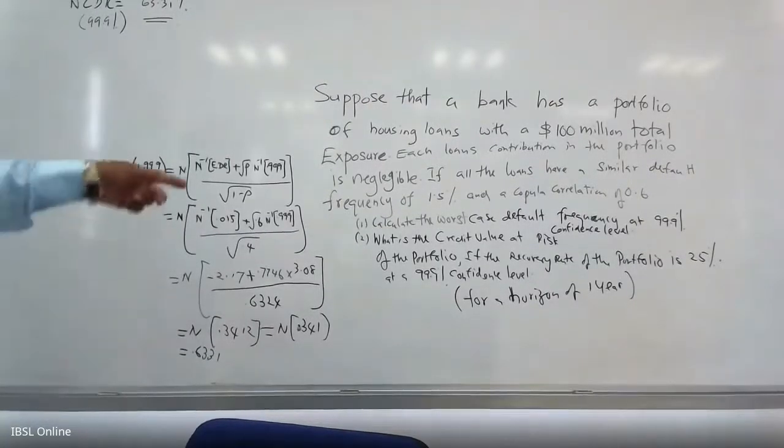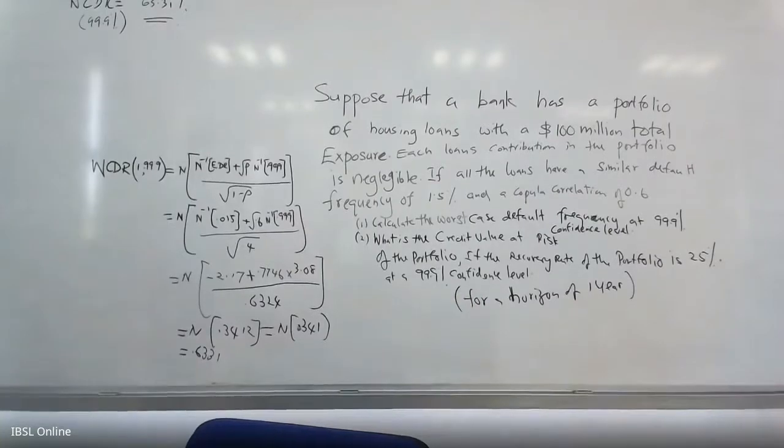So the second part shows what is the credit value at risk of the portfolio if the recovery rate of the portfolio is 25%. Now, when you look at the credit value at risk, the meaning is your loss, the highest loss or worst case loss of the portfolio.